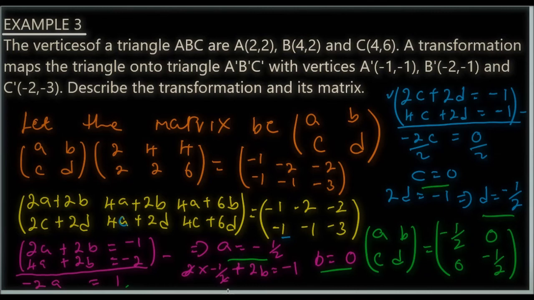Now from there, we go to our graph paper and plot the two triangles and see what kind of transformation is represented by this matrix. This is the grid that I'm going to use. Let me first start by putting our coordinates. We have A at (2, 2), B at (4, 2), and C at (4, 6).